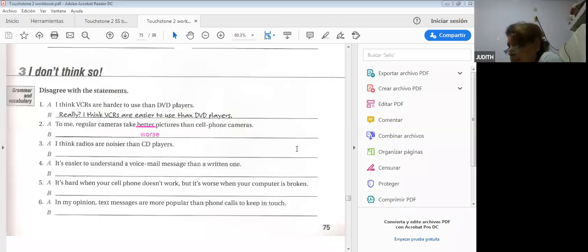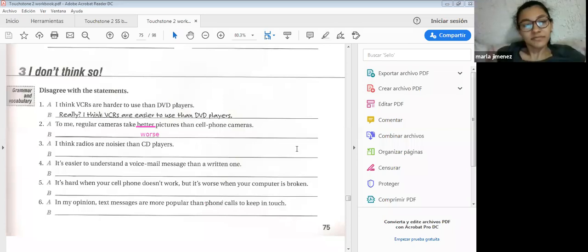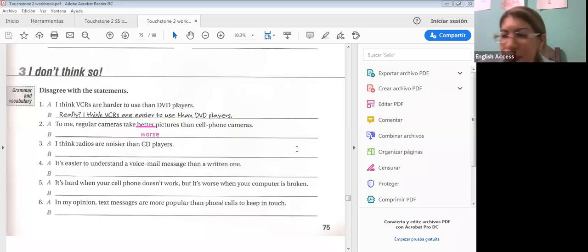Number 3. Easier. Yes, easier. Okay, here it says, I think radios are noisier than CD players. What do you think?